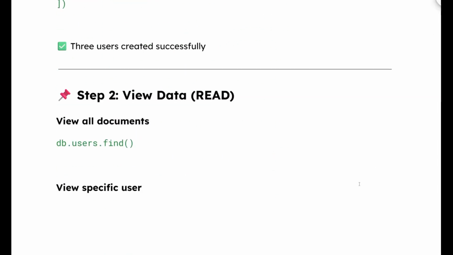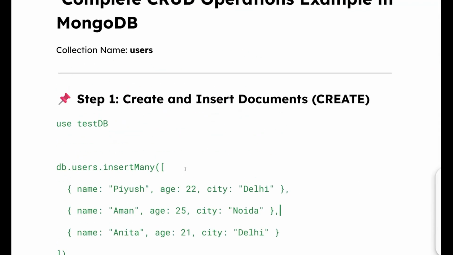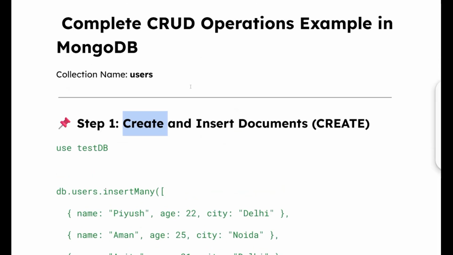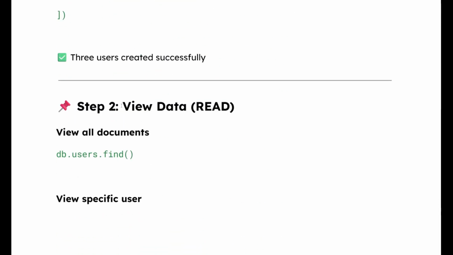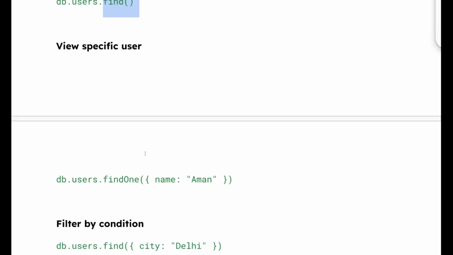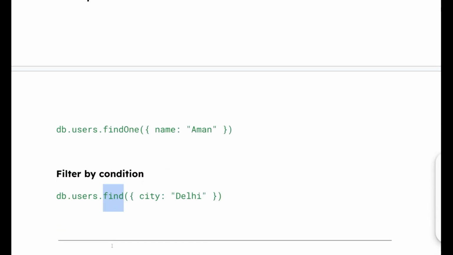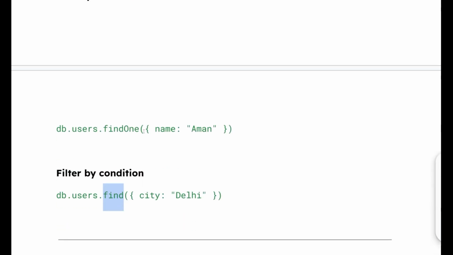Now after this create part, let's go to the R, which is read. This is the read where we view the data which is already inserted. For that purpose, we use the find method, or to check any specific one, we use findOne or find. The important thing is that we need to put a filter inside of it.